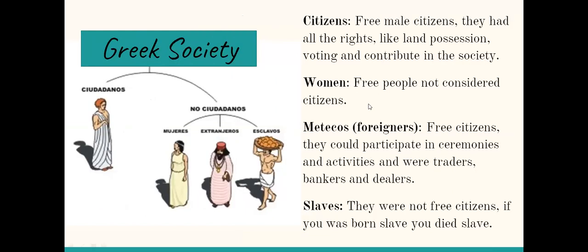In the past and now, people live in communities. So what is a community? A community is a group of people that live together in a physical space at the same time, sharing rules, values, and identity.